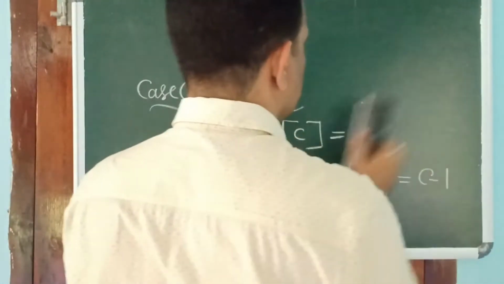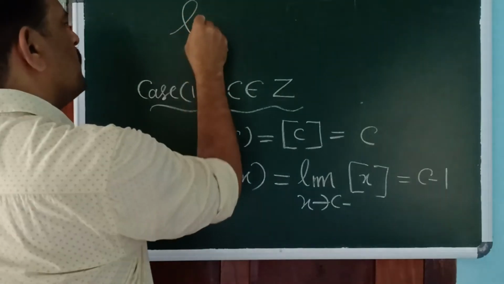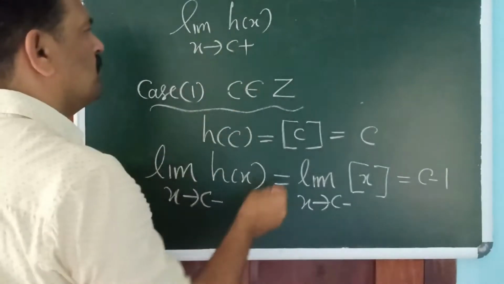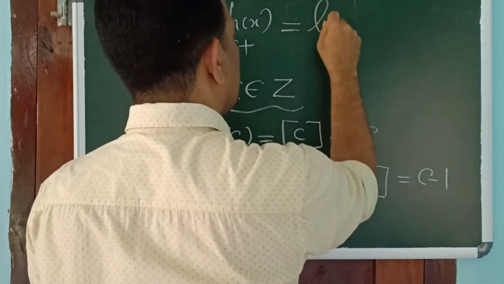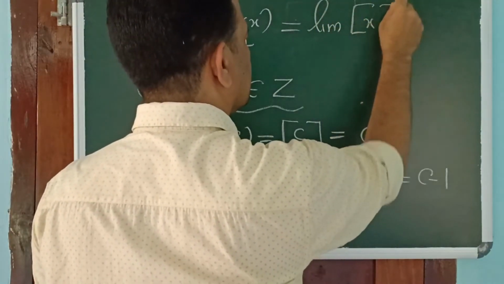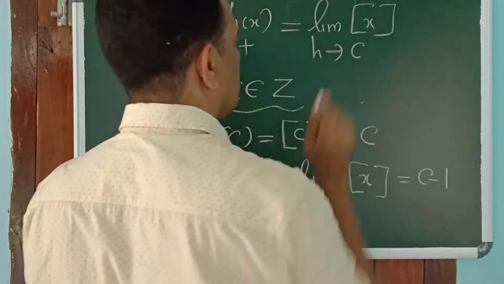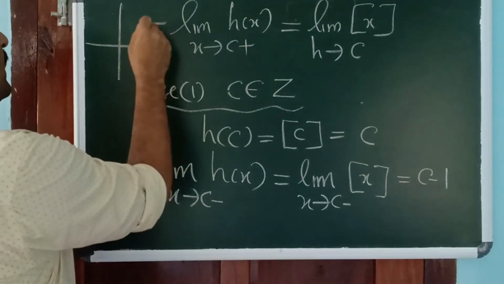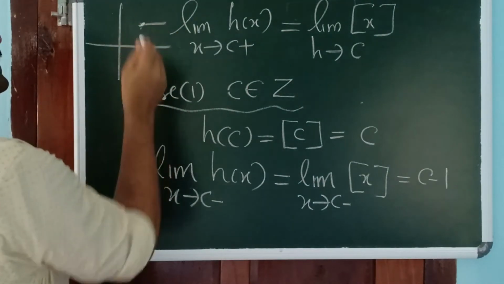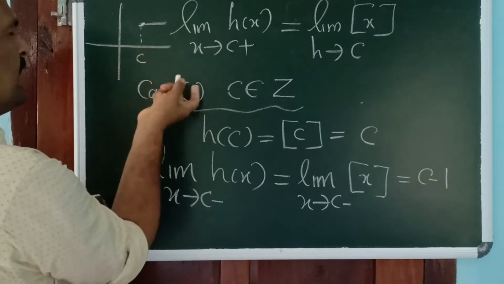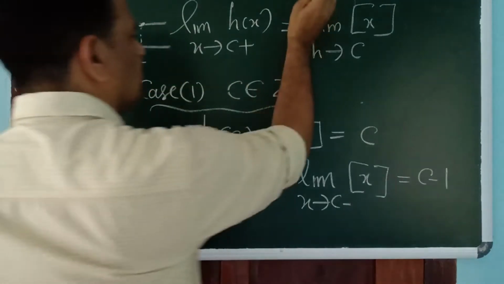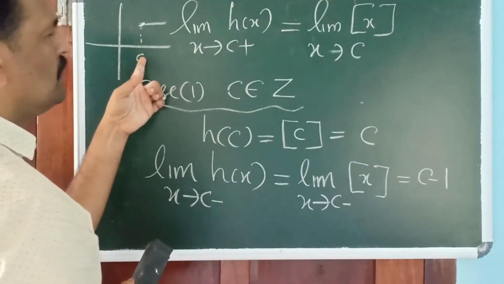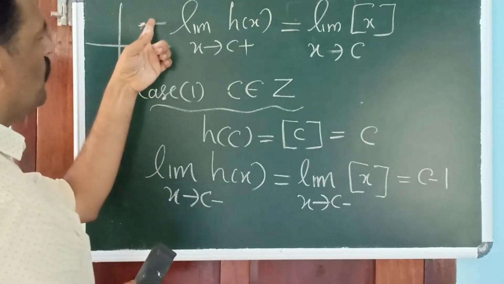Now we have to find the limit h of x tends to c plus. That is limit x tends to c plus greatest integer function x. Here you have to remember, if c is an integer, we can see that x is greater than c means x takes the value greater than c.